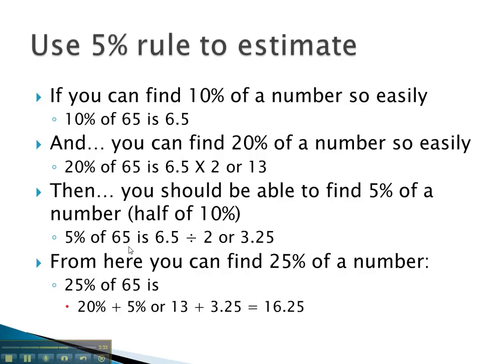So 5% of 65 is just the 10%, 6.5, that we found earlier, divided by 2, or 3.25. And from that, I can put 20% and 5% together to find 25% of a number. 25% of 65 is 20% plus 5%, or 13 plus 3.25, 16.25.